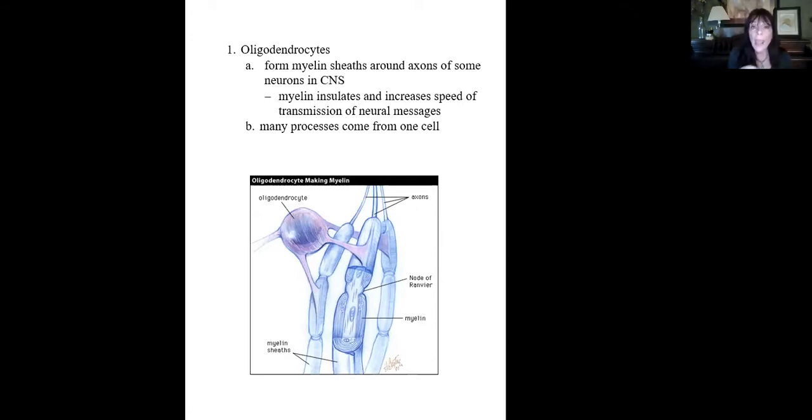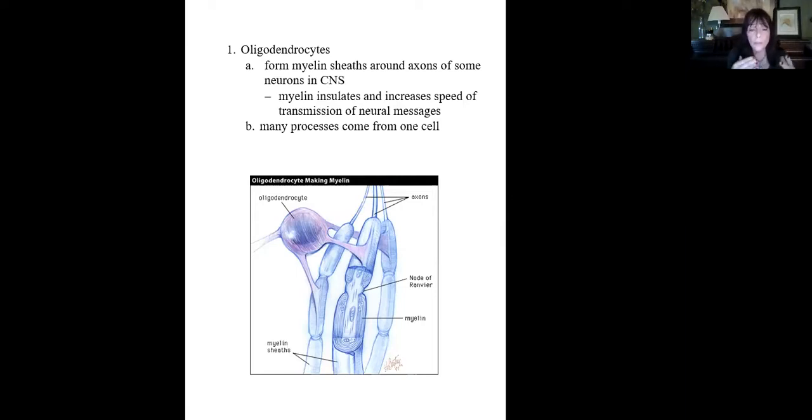Okay, and they're important. Myelin is a lipid, and it is very important for insulating these axons. Remember, we have electrical conduction, and it also plays a role in increasing the speed of transmission of neural messages.